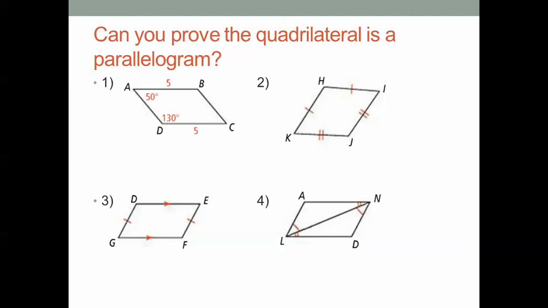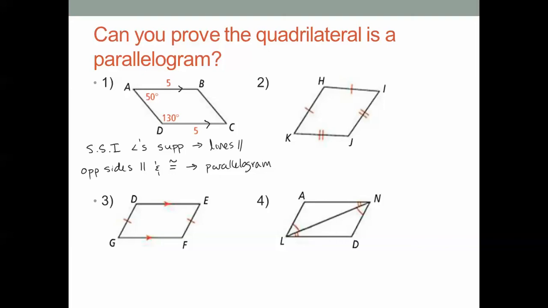Okay, let's go over the answers here. Number one, so this is going to use the property or the theorem 6-12 that we just talked about with the skis. All right, I know that segment AB and DC are both 5, so they're congruent. If I can prove them parallel, that's enough, right? One pair of opposite sides that are congruent and parallel is enough to prove a parallelogram.